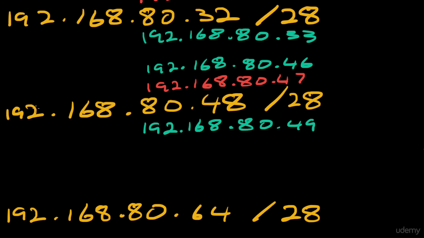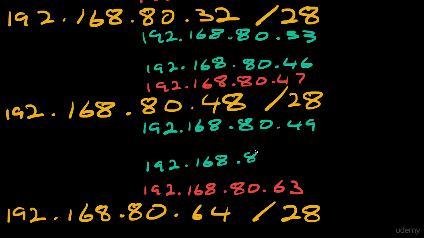The next network ID is 80.64. Working backwards, the directed broadcast IP is 192.168.80.63. So for the 80.48 network, the directed broadcast IP is 80.63. And the last valid IP is 192.168.80.62.